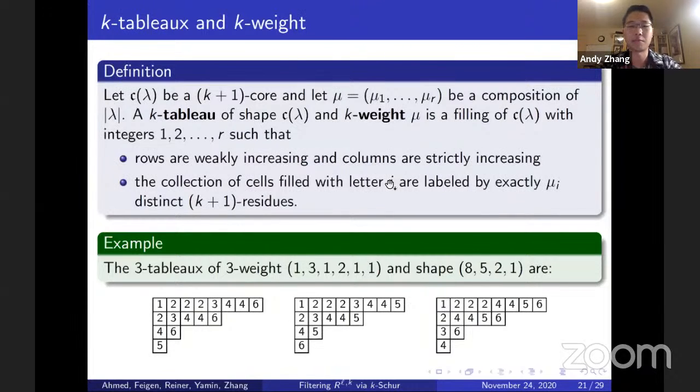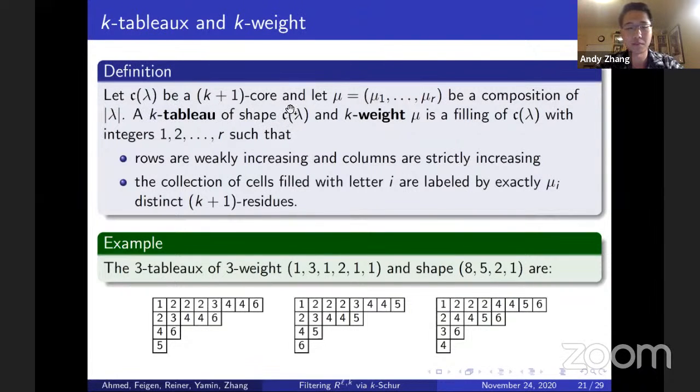So actually, I have put a slide about the definition of k-tableaux and k-weight. Recall that traditionally, the Kostka numbers are defined to be the number of Young tableaux of some certain shape with certain weight. And here, we just define a notion of k-tableaux similar to the traditional notion.